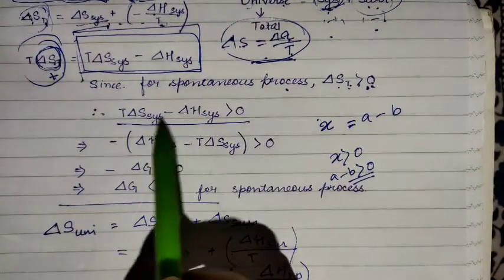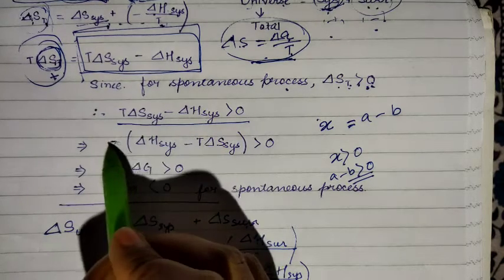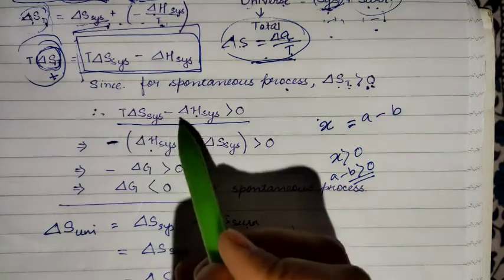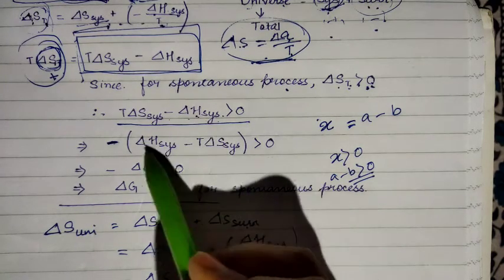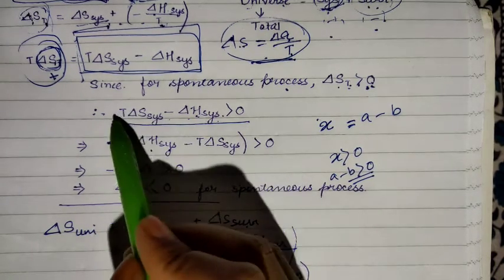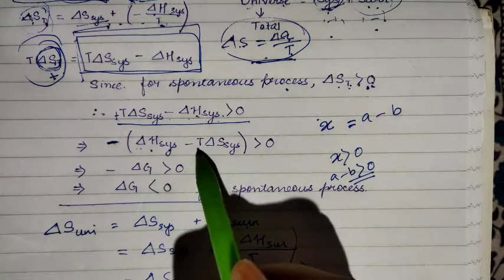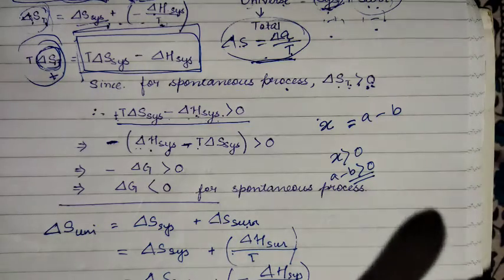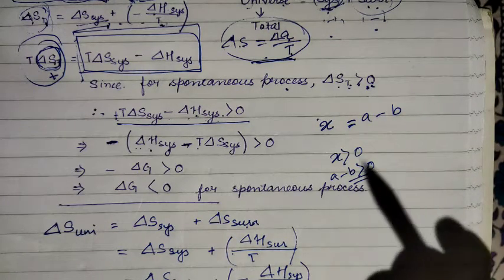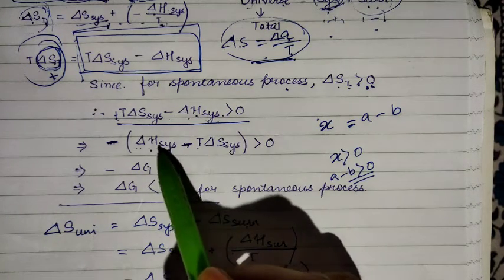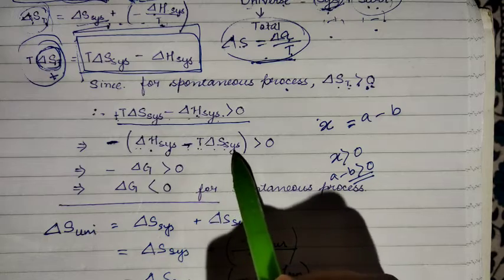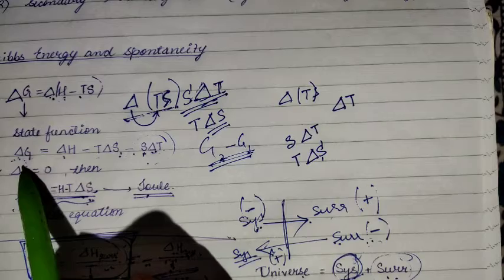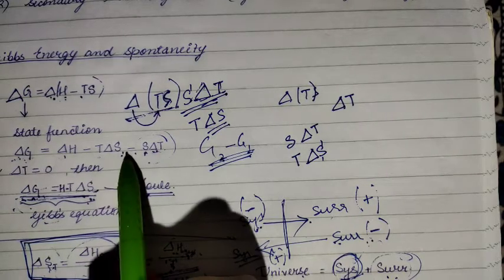So now what we will do, we will bring the minus outside here. Then we can write this in front so that when we go back, we get this minus delta H system. So delta H will be here. But this is positive now, so we have to put a minus here, so that minus becomes positive here. So we are not changing anything, we are just rearranging the signs here. So delta S system minus T delta S surrounding, and we have got something here: delta G equal to delta H minus T delta S, right?